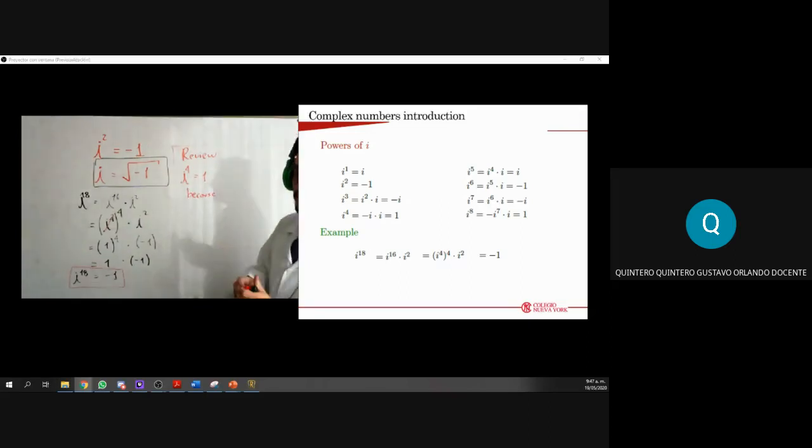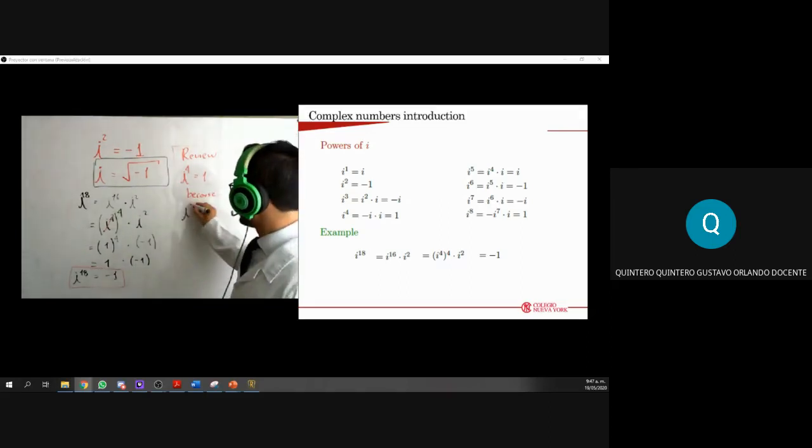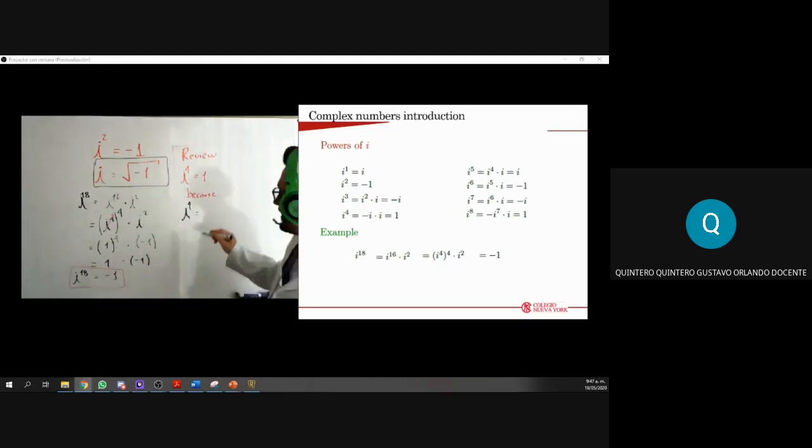This is 1 simply because I to the 4th power is the same as I to the 2nd power times I to the 2nd power. Yes or no? Now we can see it because by definition, whenever we have the 2nd power, this is -1. And we have 2, so this is -1 as well. -1 times -1 is +1. Checks out, right?